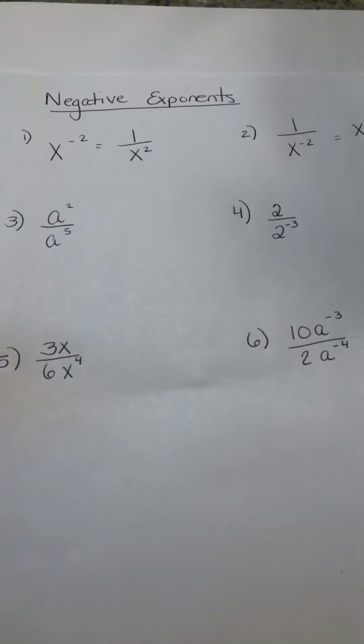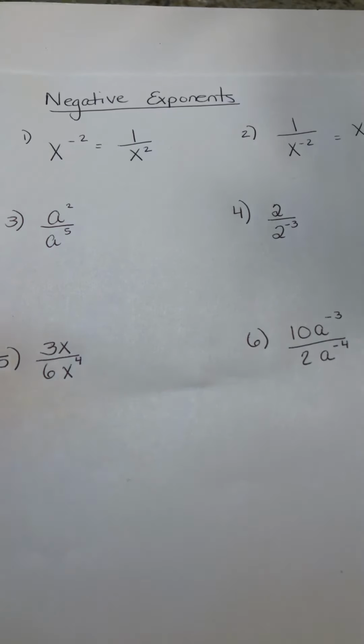Another way to think about this problem, same problem, a squared over a to the fifth, is thinking about just taking the difference between the two values. So the difference between the two values is 3. The difference between 2 and 5 is 3.